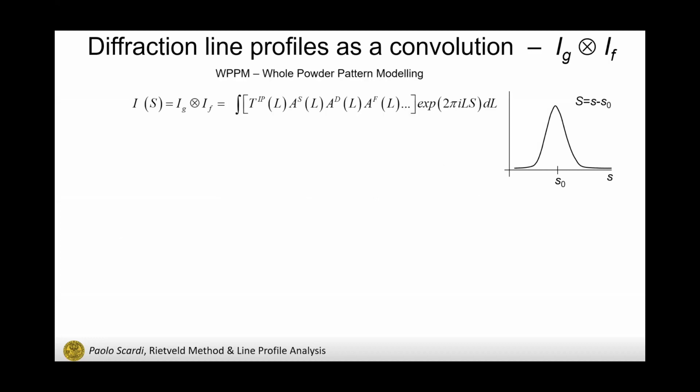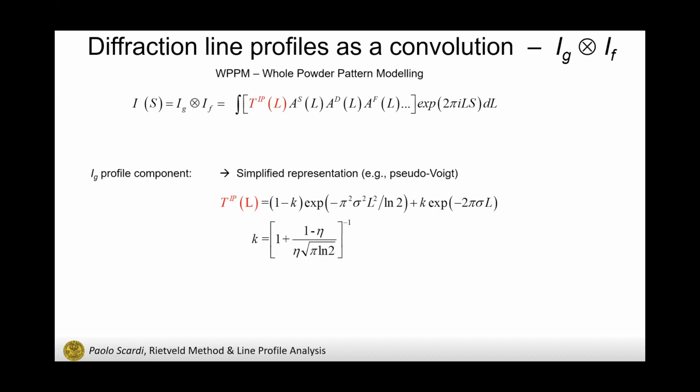This is basically the idea of the so-called WPPM, whole powder pattern modeling approach, which I have developed over the last 20 years or so, and which is now available in the form of macros for Topas and in other software as well. But let me say for Topas, it seems to work pretty well.